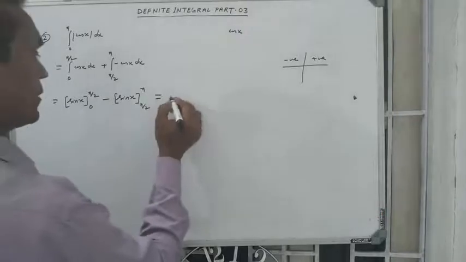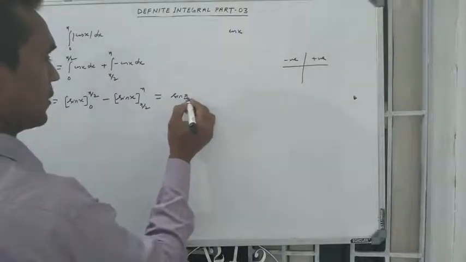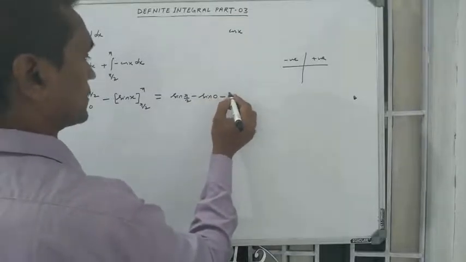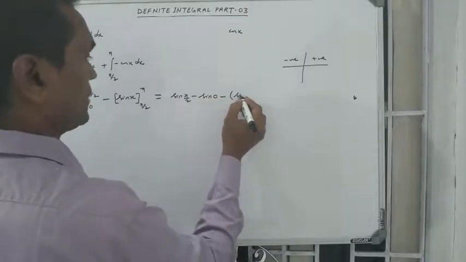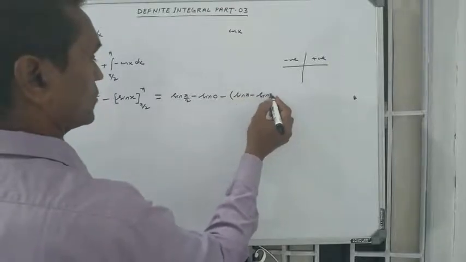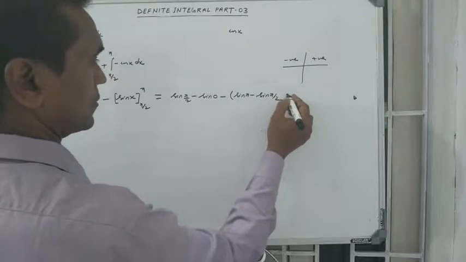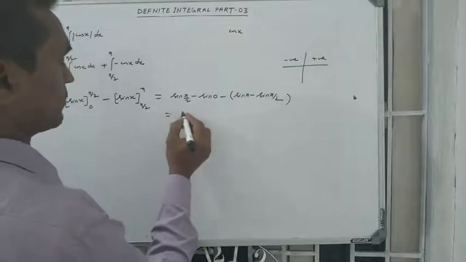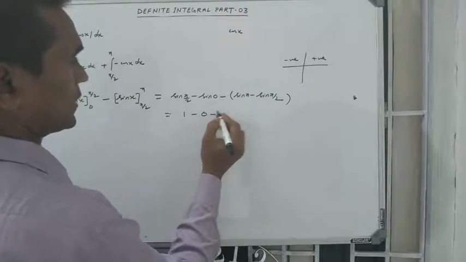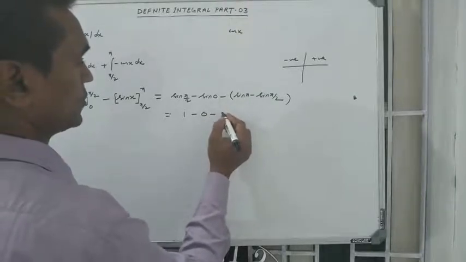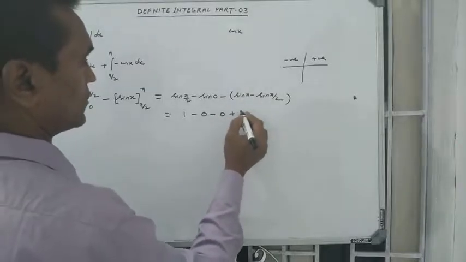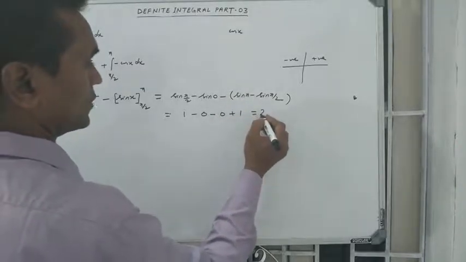So sin pi by 2 minus sin 0, and then minus sin pi minus sin pi by 2. Sin pi by 2 is 1, minus 0, and then minus sin pi equals 0, and then plus sin pi by 2, which is 1. So this is equal to 2.